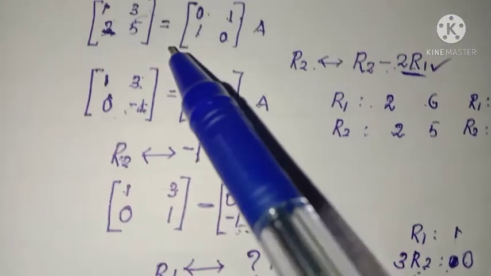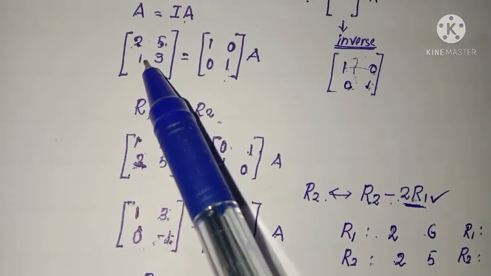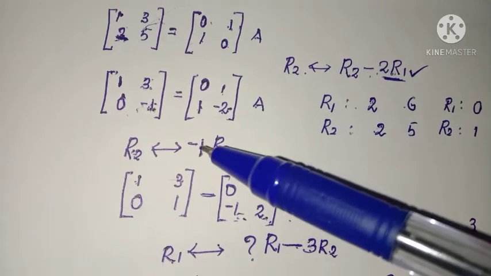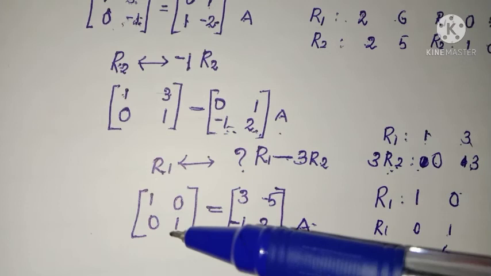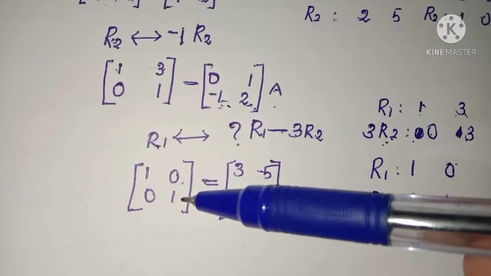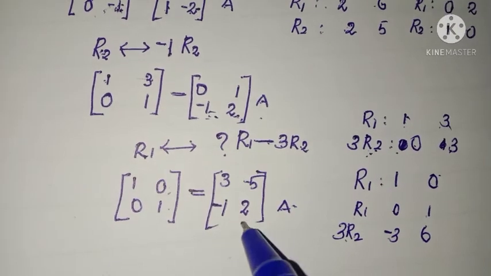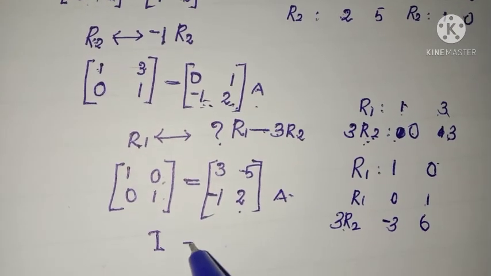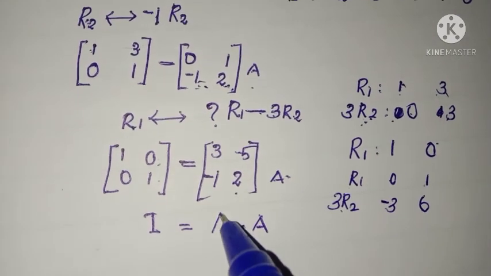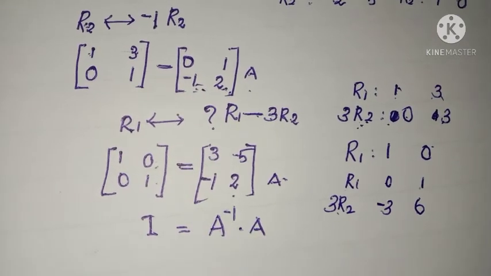So we started from the matrix 2, 5 and 1, 3. Using elementary operations, we converted the matrix to the identity matrix 1, 0, 0, 1. Now look at this matrix. Identity matrix equals A into, this is very important, A into A inverse.